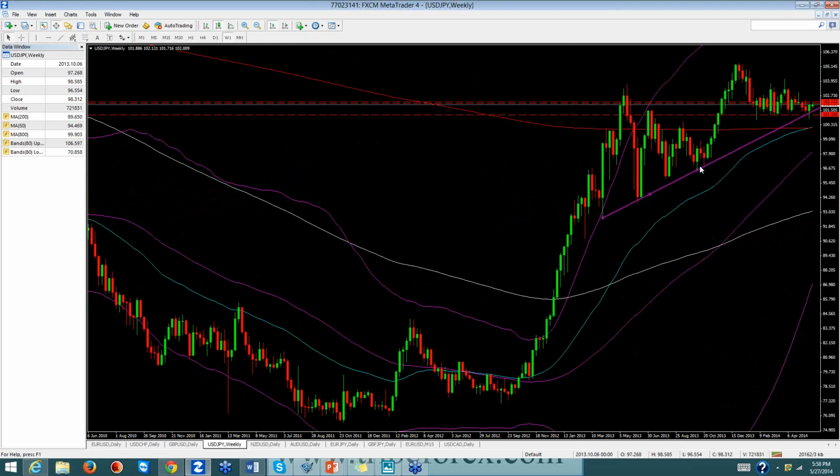Right on the money almost. Okay, so there's an area of support on the dollar yen weekly at 101.46. And yeah, that's about it. Oh, there's an area of resistance as well. We cannot forget.